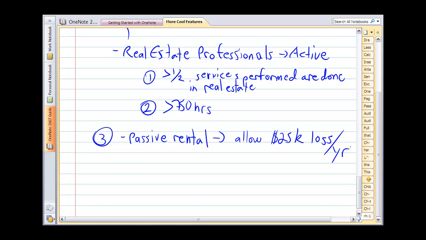And that's per year. So you can take up to $25,000 against active income per year if you've got a passive rental and you're not a real estate professional.